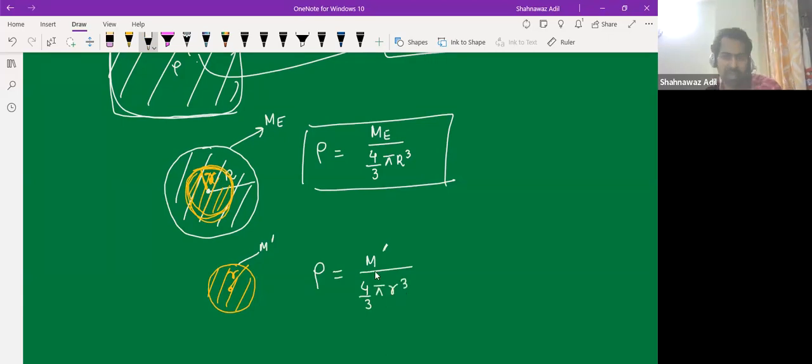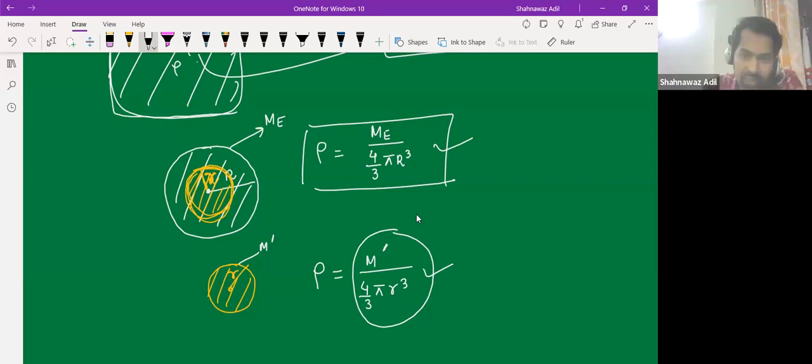And this is again the density. So density is uniform, which means that this one and this one would be equal. Is that correct? So is this clear, everyone?